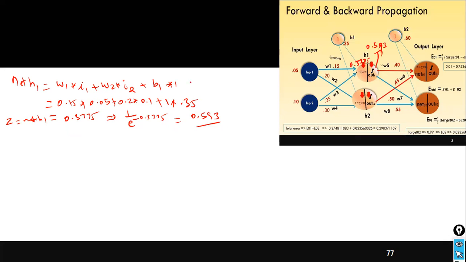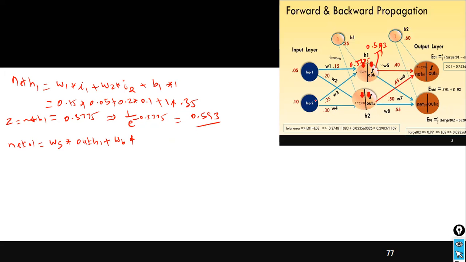We do the same thing for net O1 and out O1. So what is the net O1 here? Net O1 is W5 into out H1, plus W6 into out H2, because this one receives the input from these two.